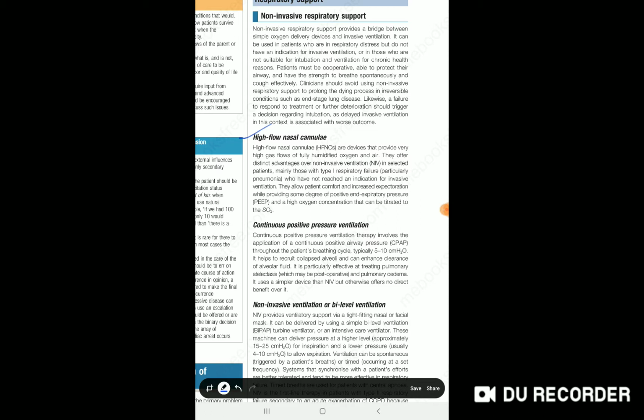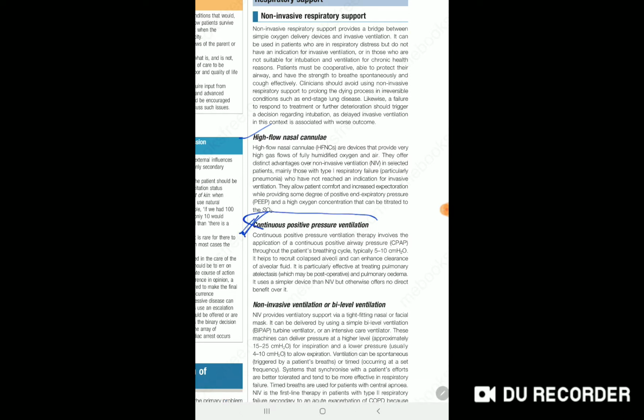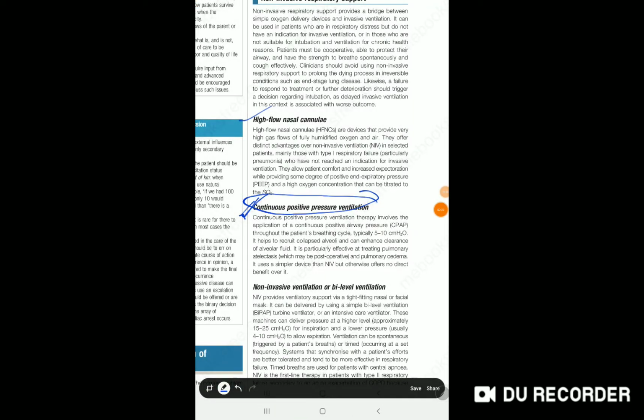And the second method is continuous positive airway pressure. By the name, you already understand what this is. There is a positive pressure which is introduced through the whole respiratory cycle, during inspiration and also the expiration cycle.